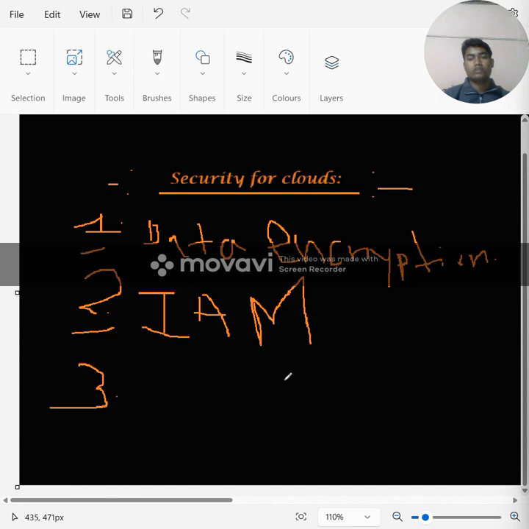The cloud providers should secure their physical data centers and network centers. Why? To prevent unauthorized access. That is the main point of infrastructure security.